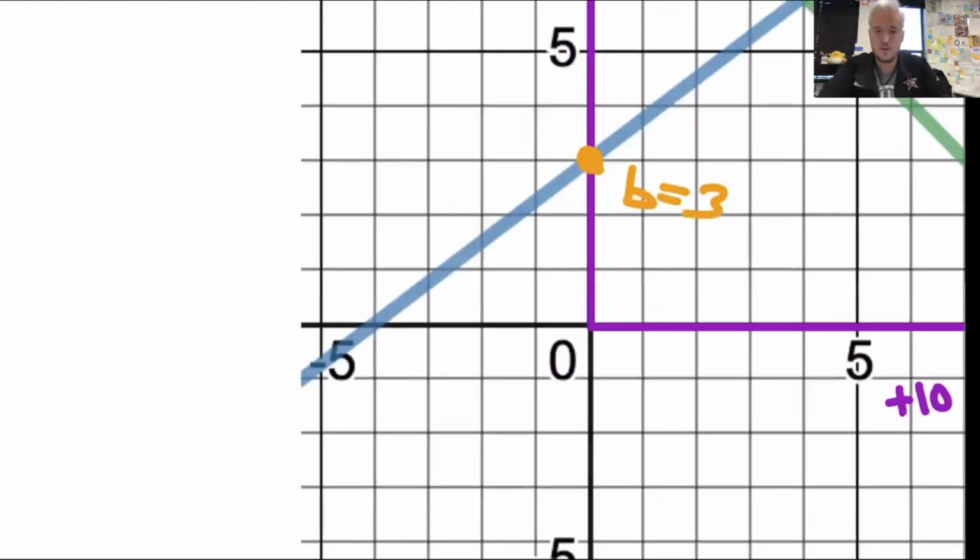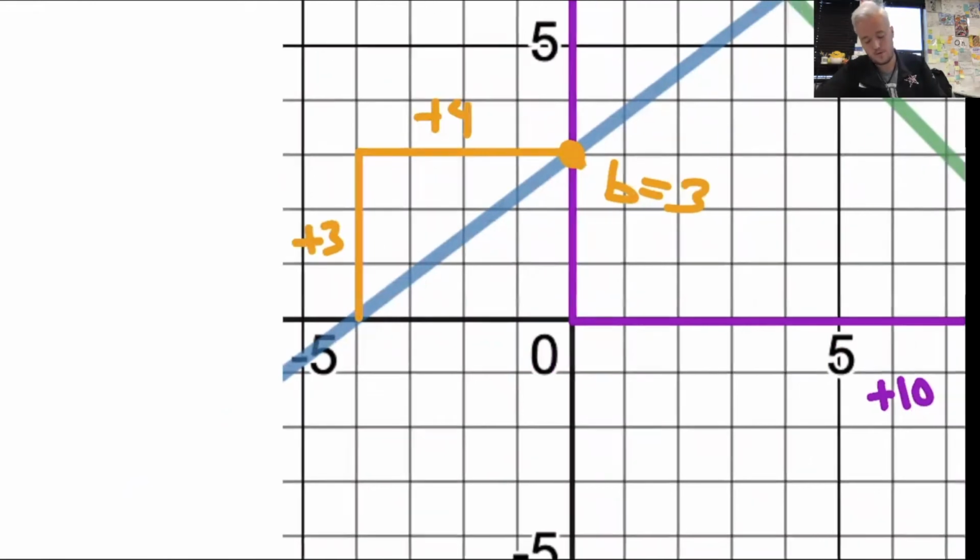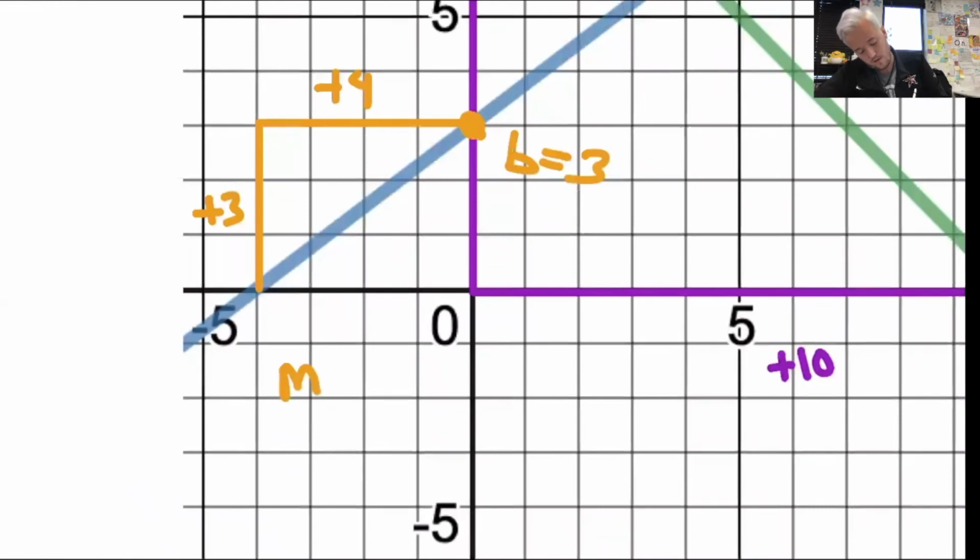Once again, I'm going to use the intercepts, rise over run. So I went up 3 and right 4, which means my slope here is 3/4.